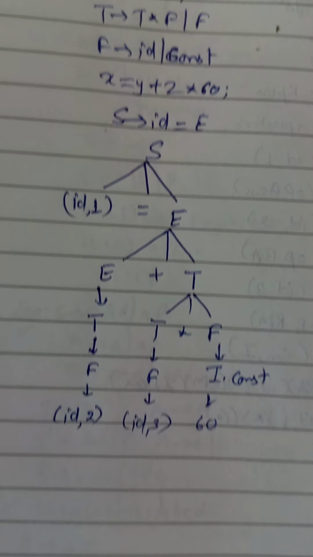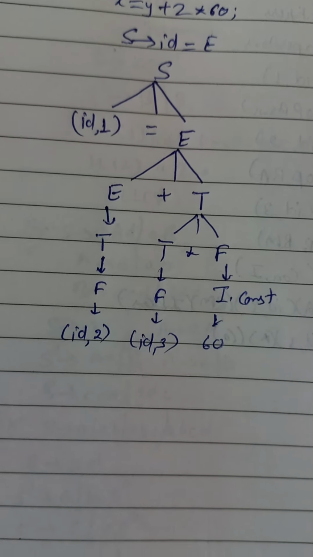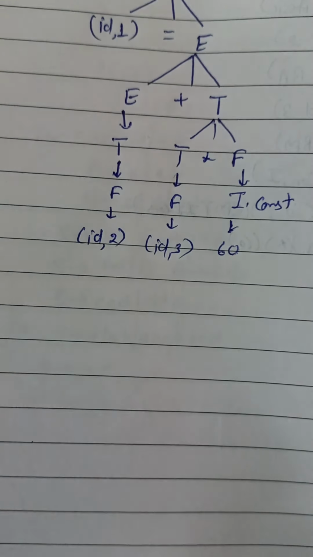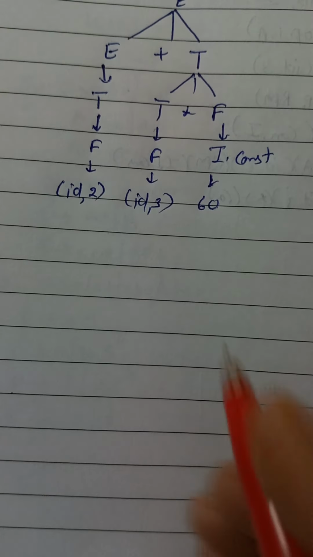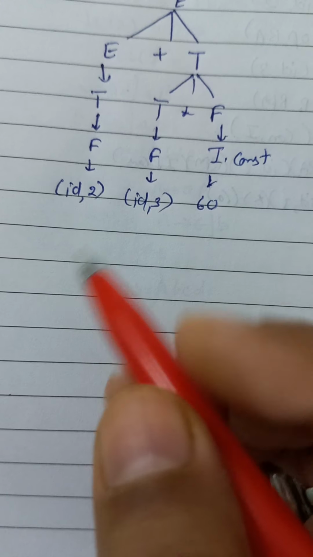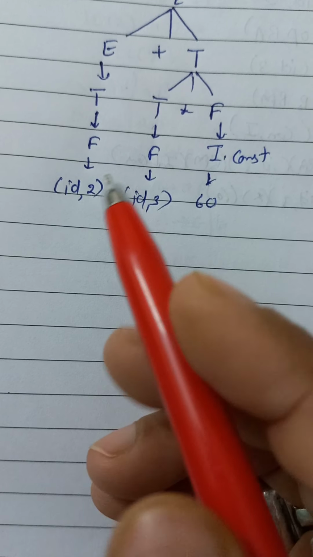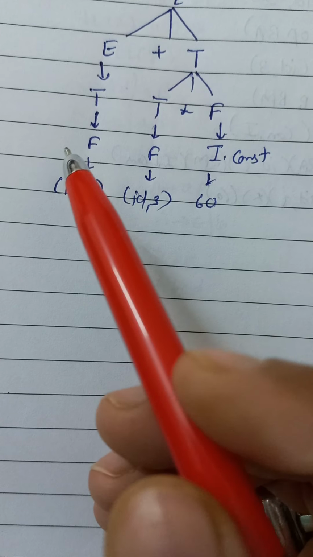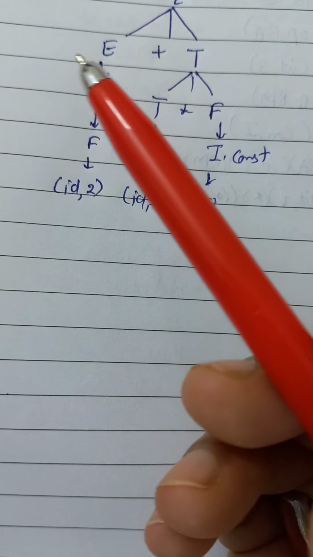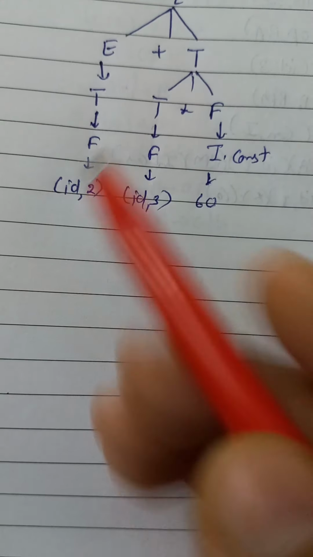And now the working of the semantic analyzer. What it will do is check the type of the identifier, whether it is float or integer, from the symbol table.